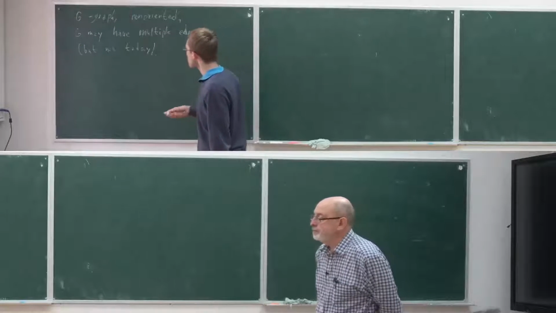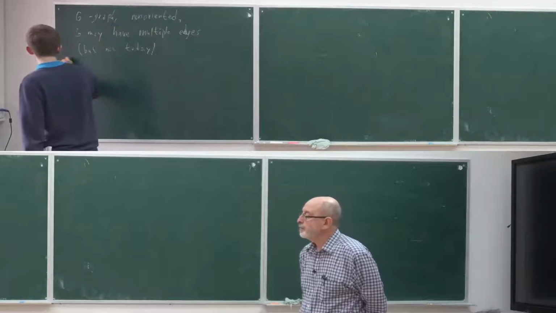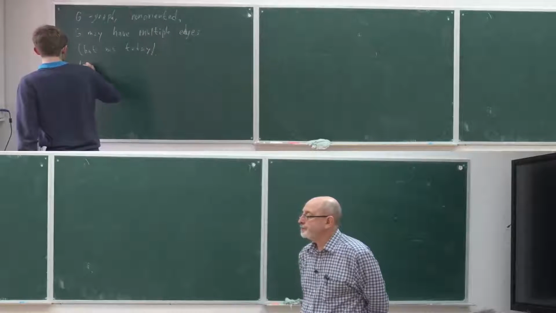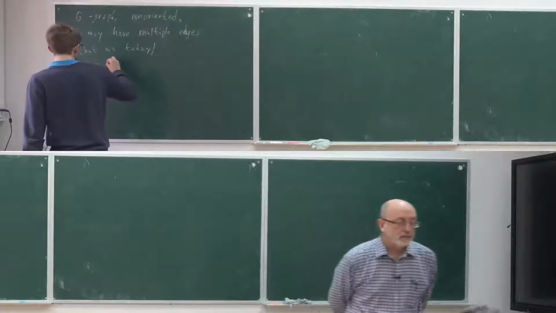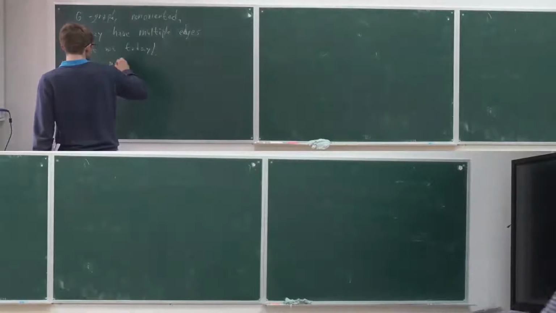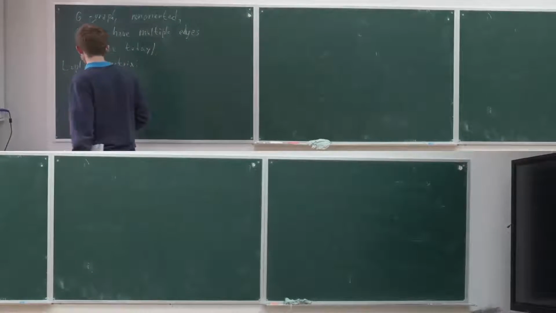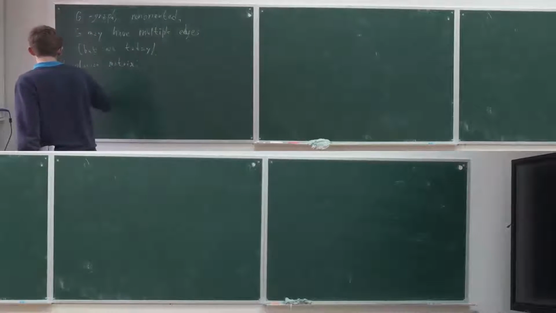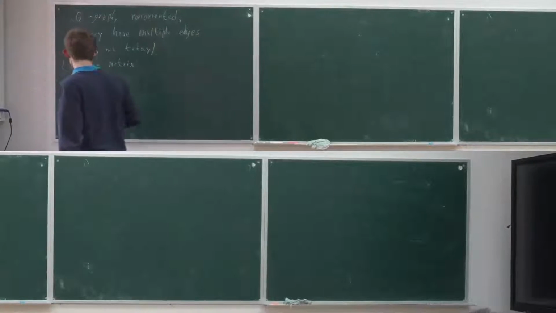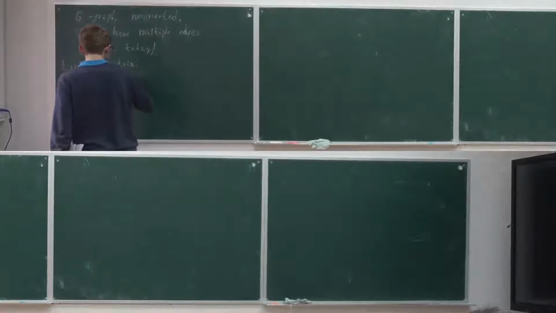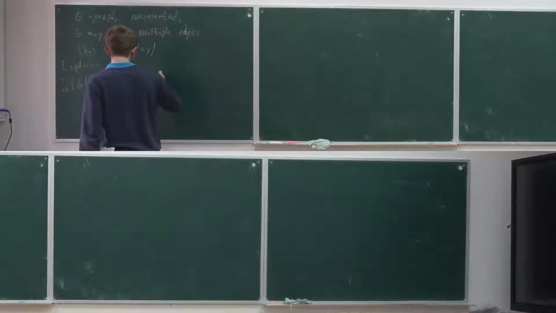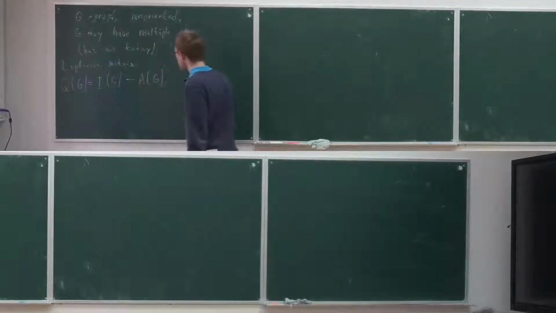And we consider the Laplacian matrix, denoted by Q of G. It is defined as a difference of two matrices. Here we have two guys.